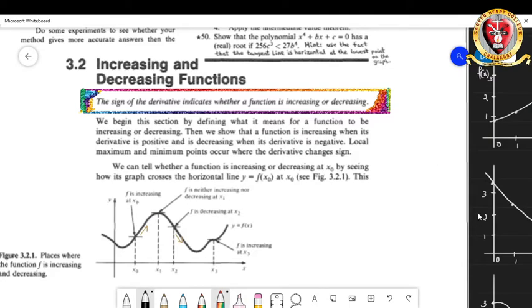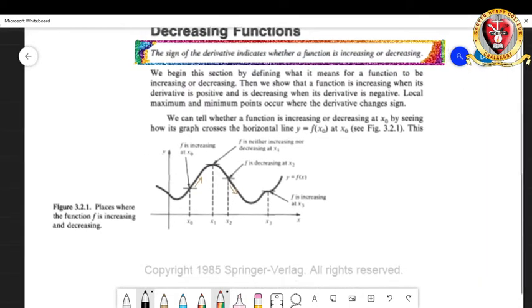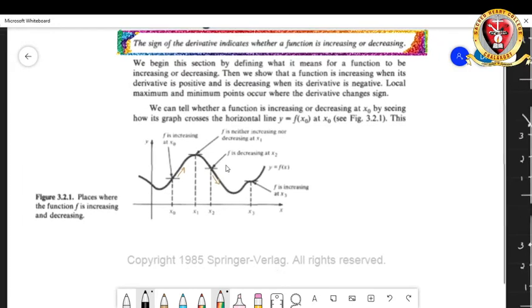Okay, so you can look at this example you're seeing here in the figure, and you have x0 here, x1 here, x2 here, x3 here. Correspondingly, x0 will have the functional value here, right? This is f of x0. This will be f of x1. This will be f of x2.